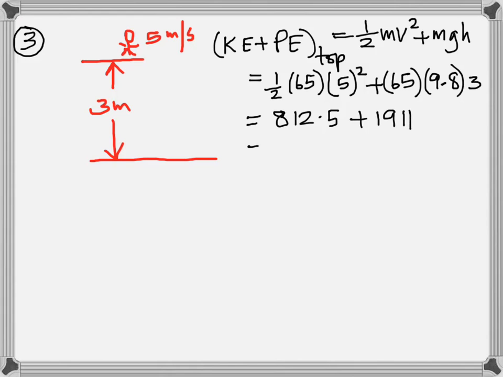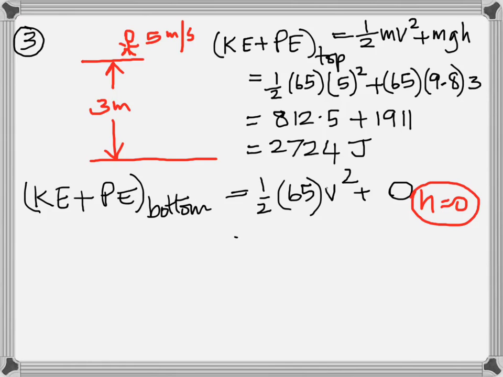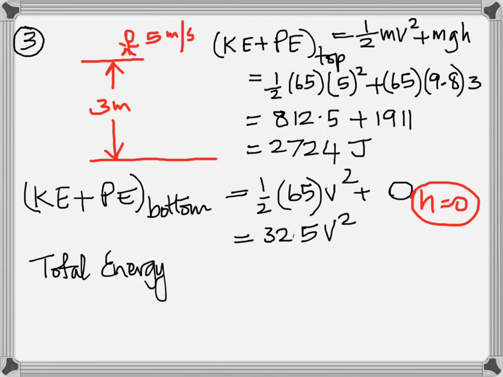So you find the total of the kinetic energy and the potential energy, and that's when you get this. And therefore, the kinetic plus potential energy at the bottom should be equal to the total at the top.